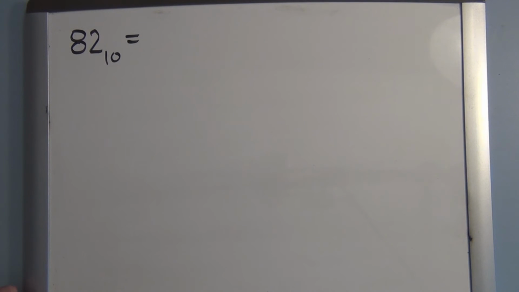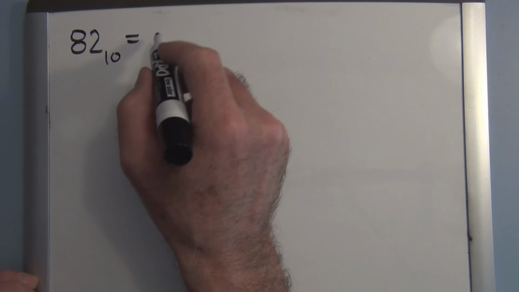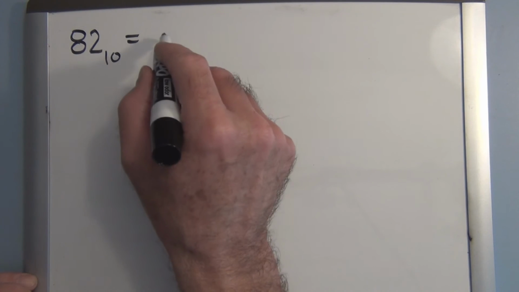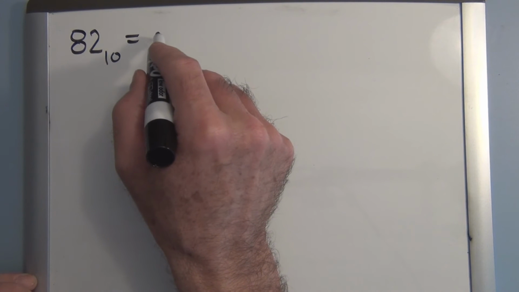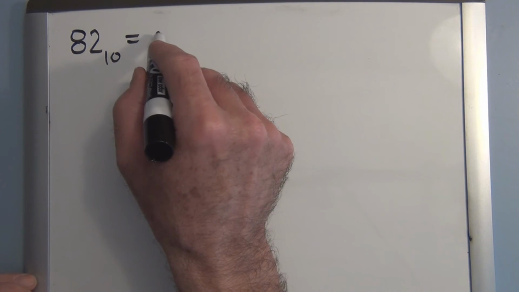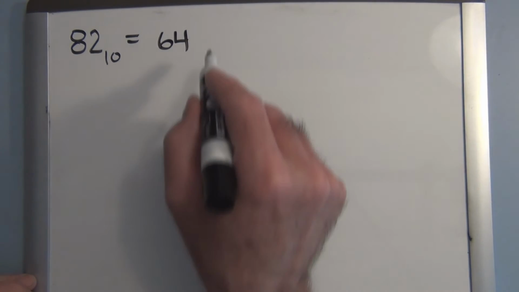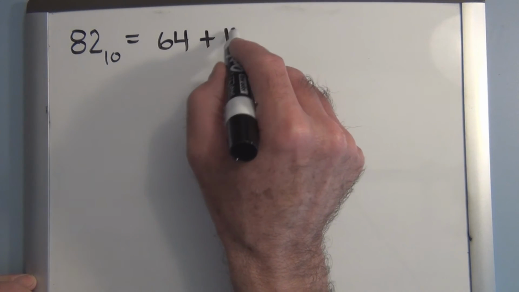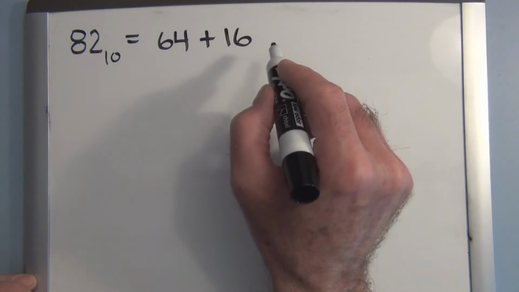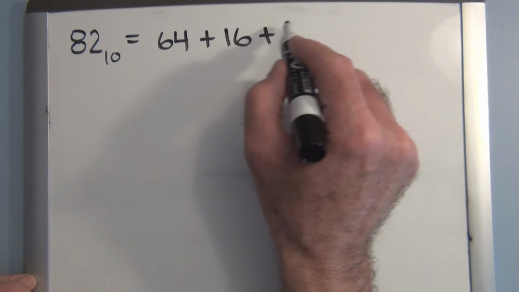Let's do a larger number here. We have 82 in decimal, and let's break this up into powers of 2 pieces here. We have 64, 16, and then plus 2.